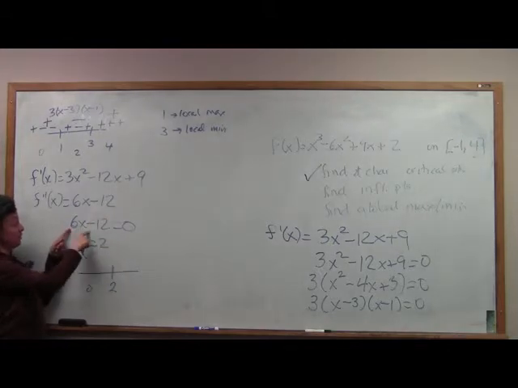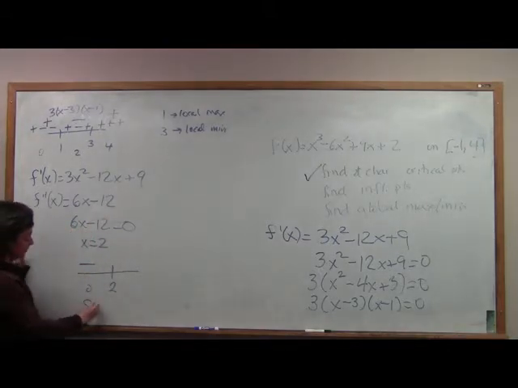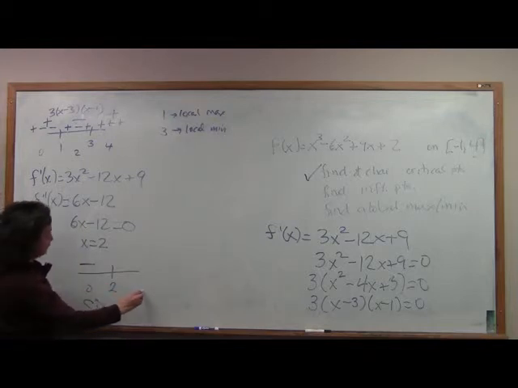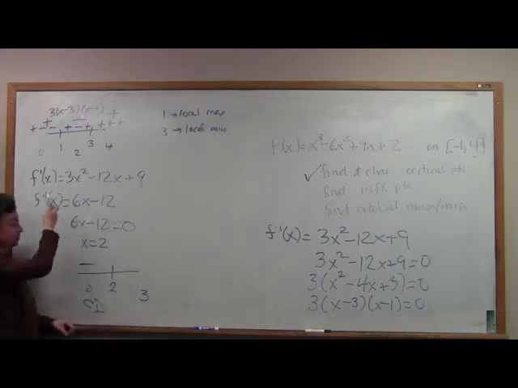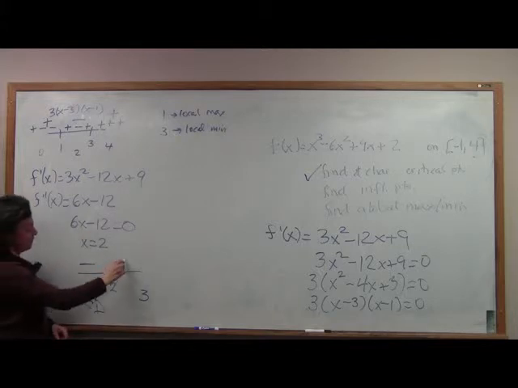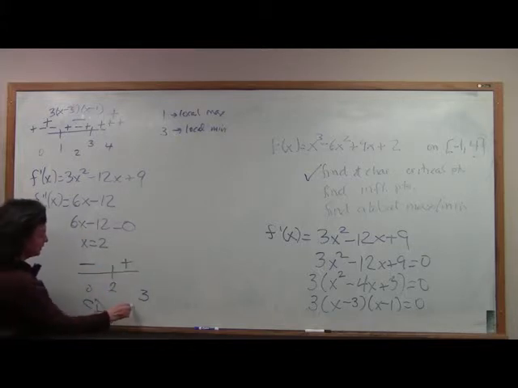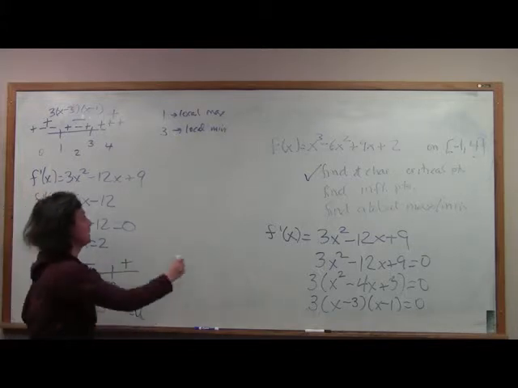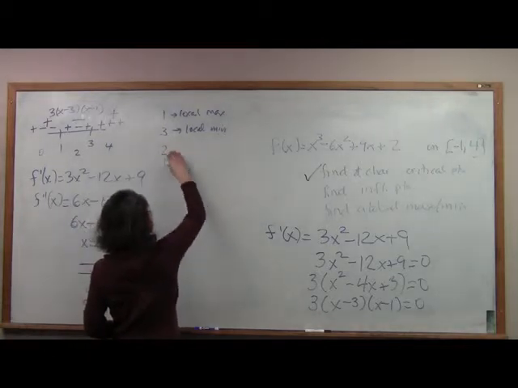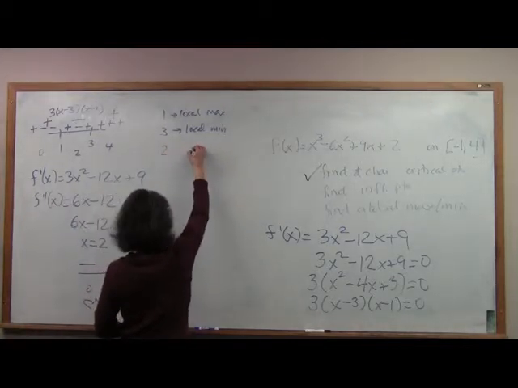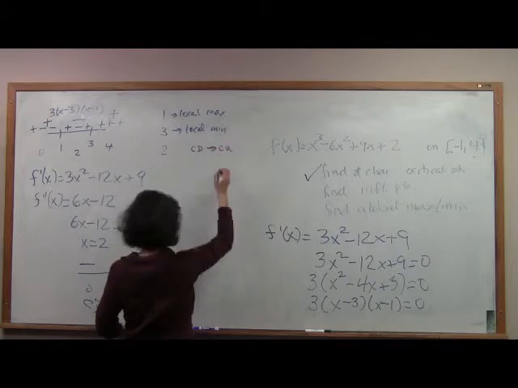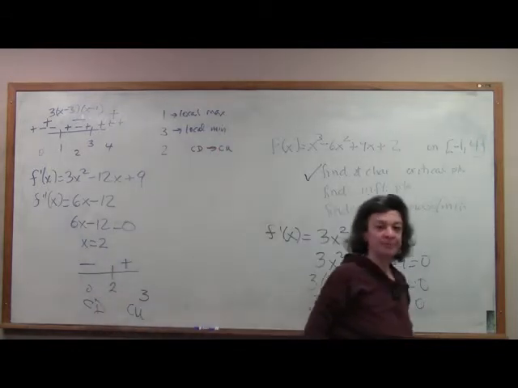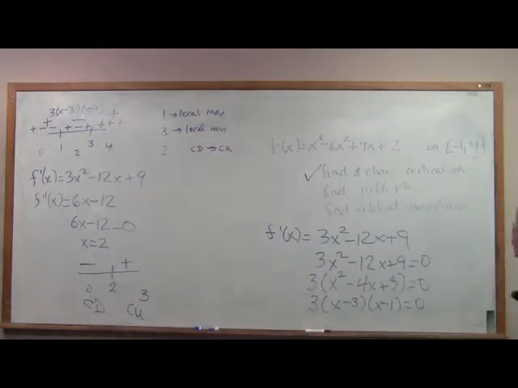If I plug 0 into my second derivative, it's negative, so my graph is concave down. If I plug 3 into my second derivative, I think you'll grant me that it's going to be positive, so my graph is concave up. So 2 is an inflection point, and that's where my graph goes from concave down to concave up. All right, cool.